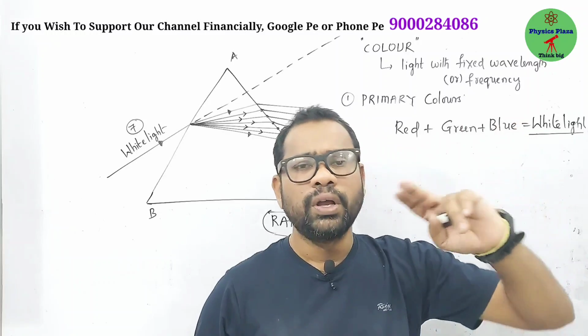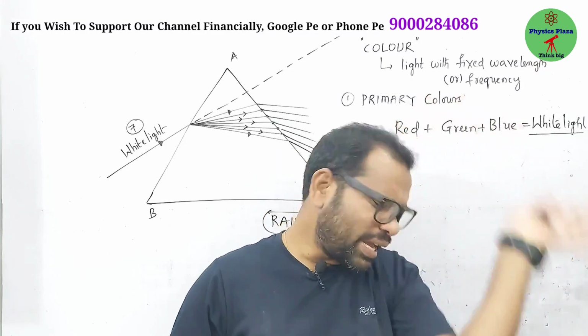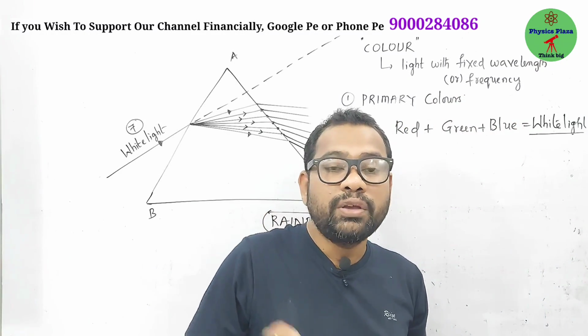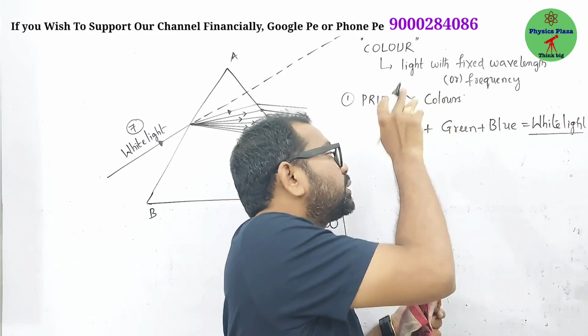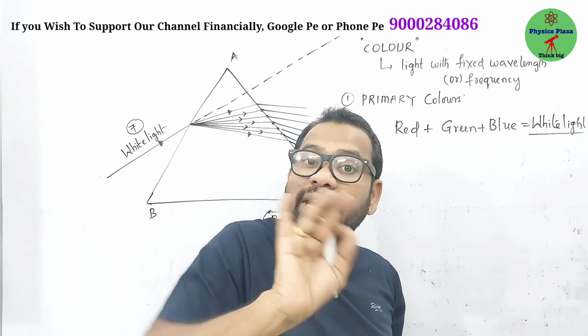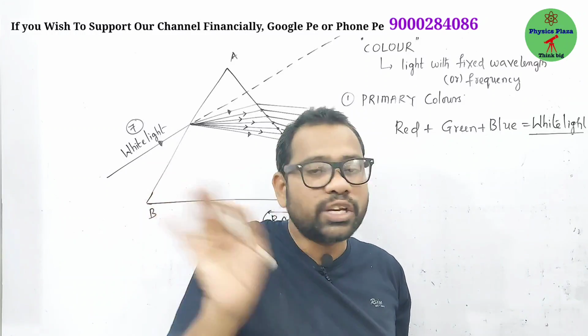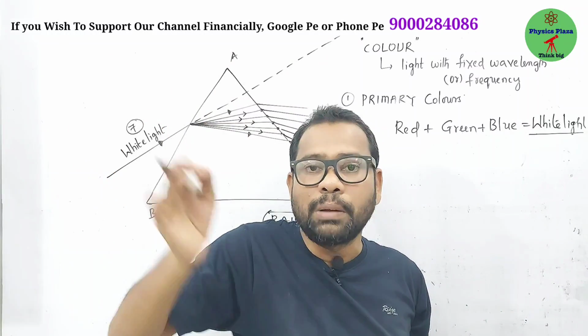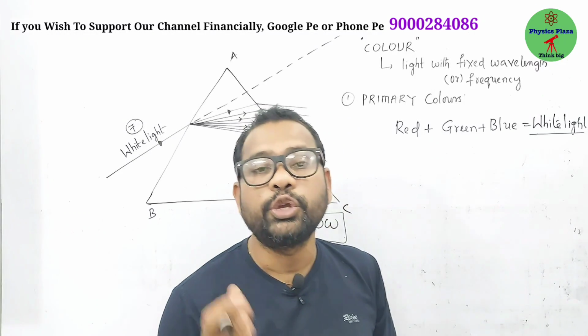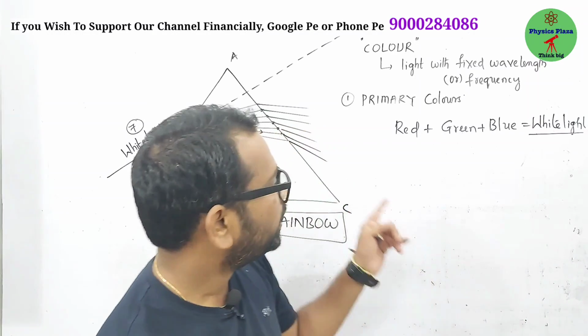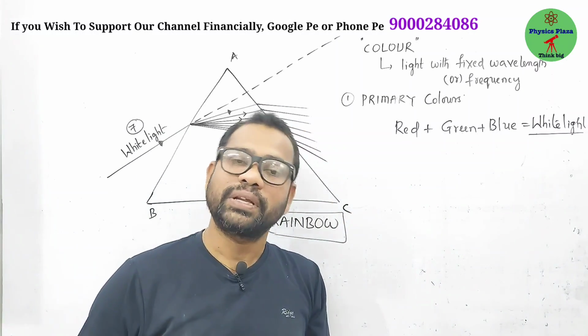If you want yellow, pink, magenta, any color, you will get it. But by using other colors, you cannot produce exact red, green or blue. You may produce reddish, bluish, greenish, but exact red, green, blue, technically, you cannot produce. That's why we call these colors primary colors.